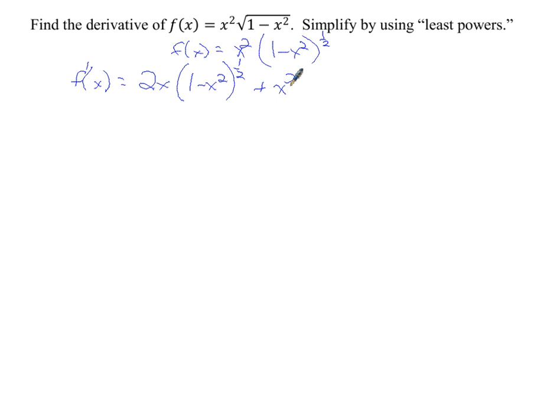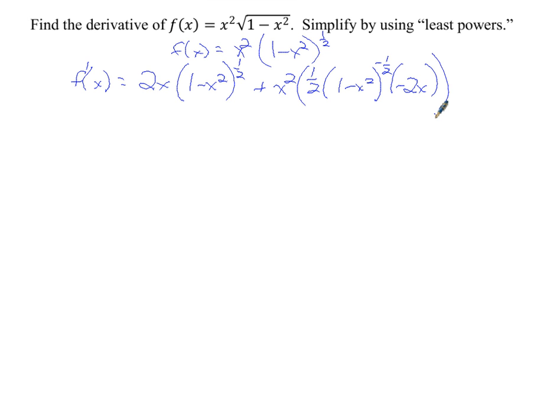So x squared times 1/2. So the exponent came down times what's inside stays the same. To the negative 1/2 power, we have to decay the exponent by 1 times negative 2x, the derivative of what's inside.